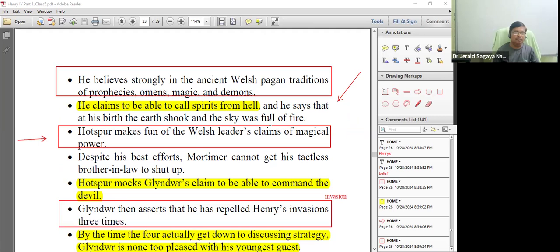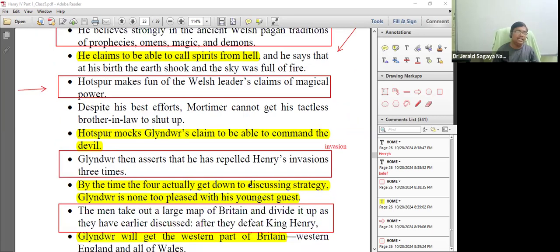As this conflict goes on, Glendower becomes more assertive. He is very assertive. Based on his Welsh spiritual tradition and the beliefs in prophecies and spirits, he says that in the past he has repelled Henry's invasion three times.